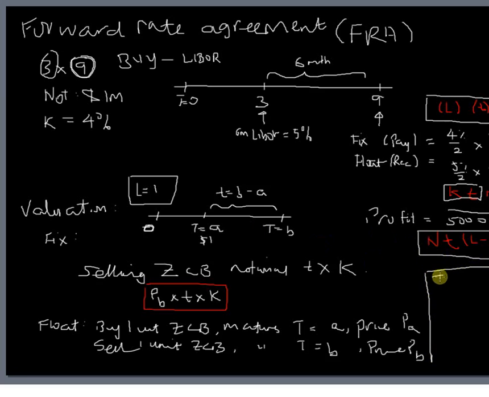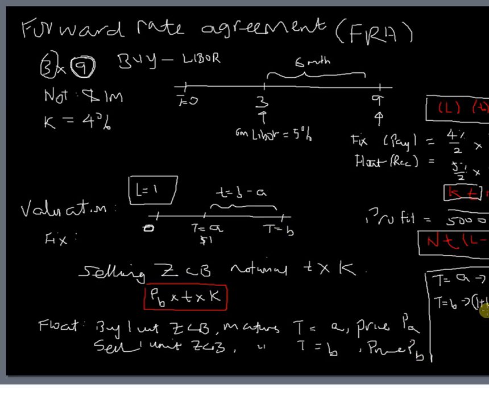Let me write down what happens after the first year. When T equal to A, this first zero coupon bond will give us $1. We invest this $1 in LIBOR. So when T equals B, this $1 will become 1 plus LIBOR times $1.